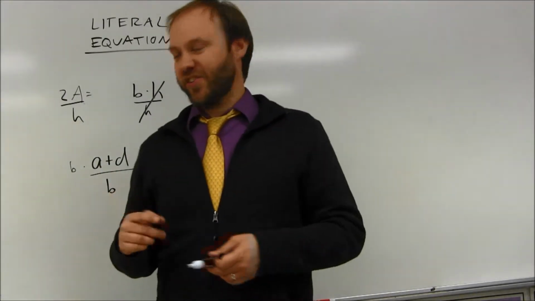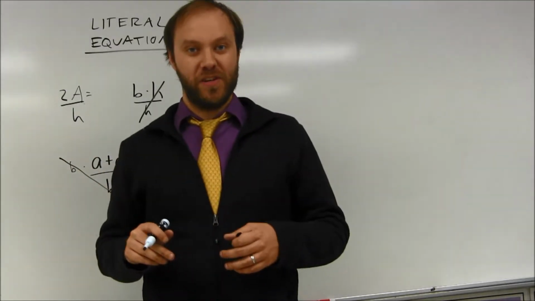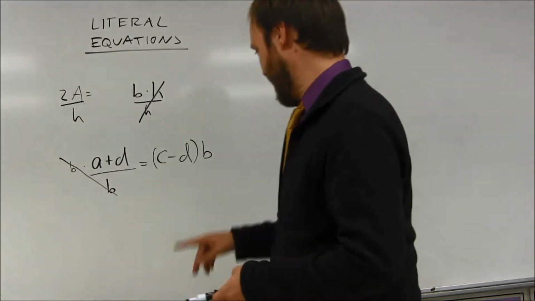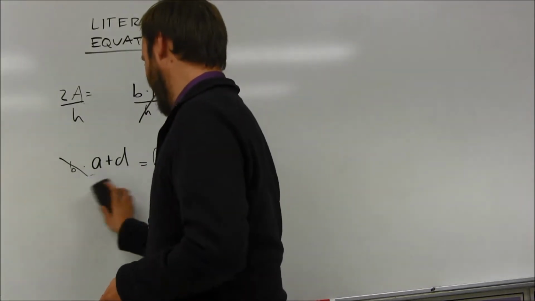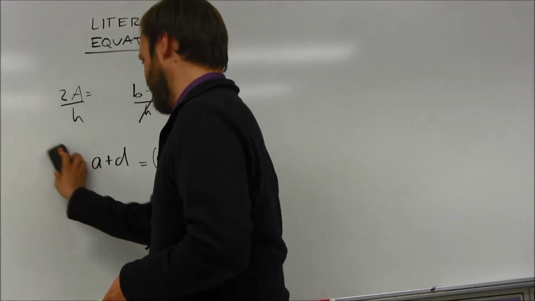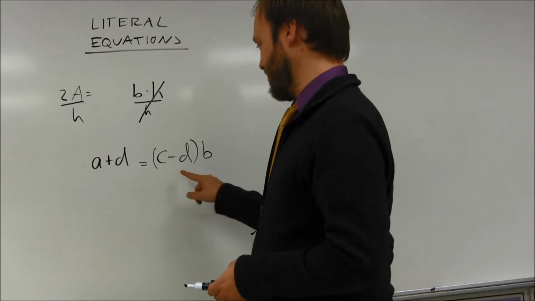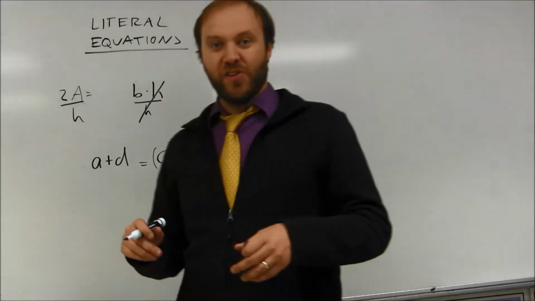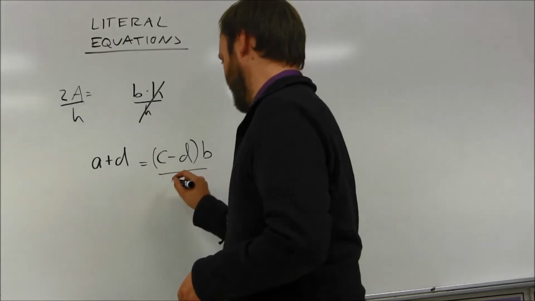But in this case, I'm really trying to solve for b, so I'd like to write my equation in a way in which there's only one b written. And right now, we just have that single b. Once that's taken care of, we're actually pretty close to being done in this particular case. b is being multiplied by this value here of c minus d. So instead of distributing, let's just get rid of all of this that's being multiplied by b.